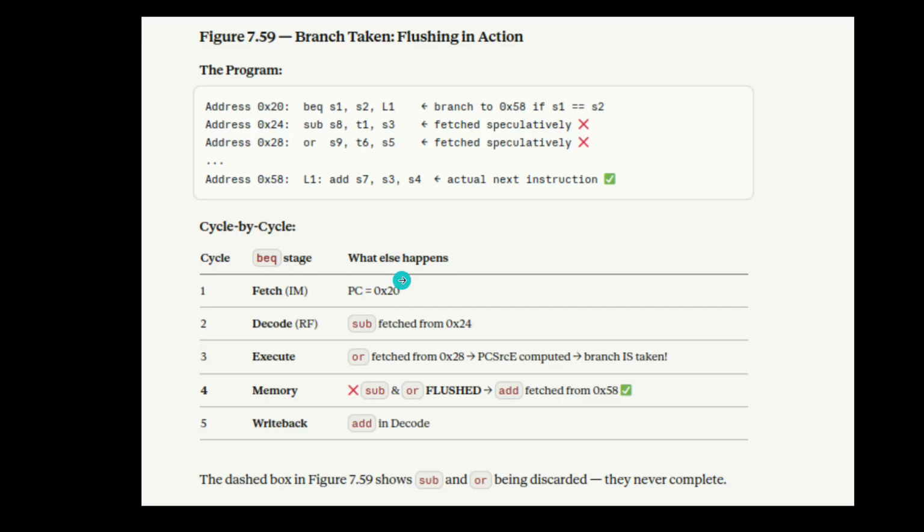So first we fetch this address and then we decode it. We fetch sub from 0x24 and execute. First cycle is the fetch in the instruction memory, then the decoding cycle, then sub is fetched while the execute cycle happens, and or is there.